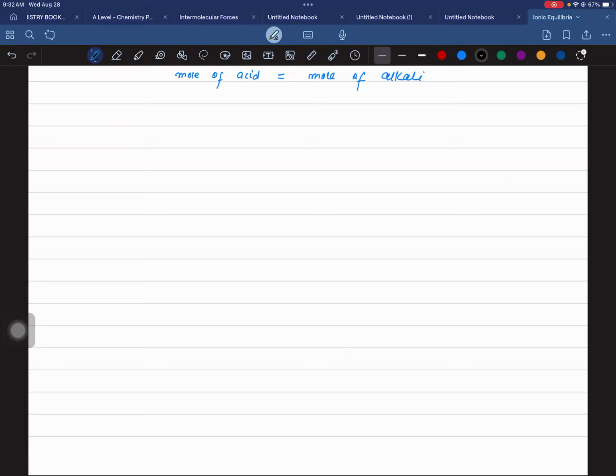Let's suppose HCl versus NaOH. I have just taken HCl in the conical flask. I need your attention again. This is a one-time investment. You will be understanding each and every titration after looking at this.